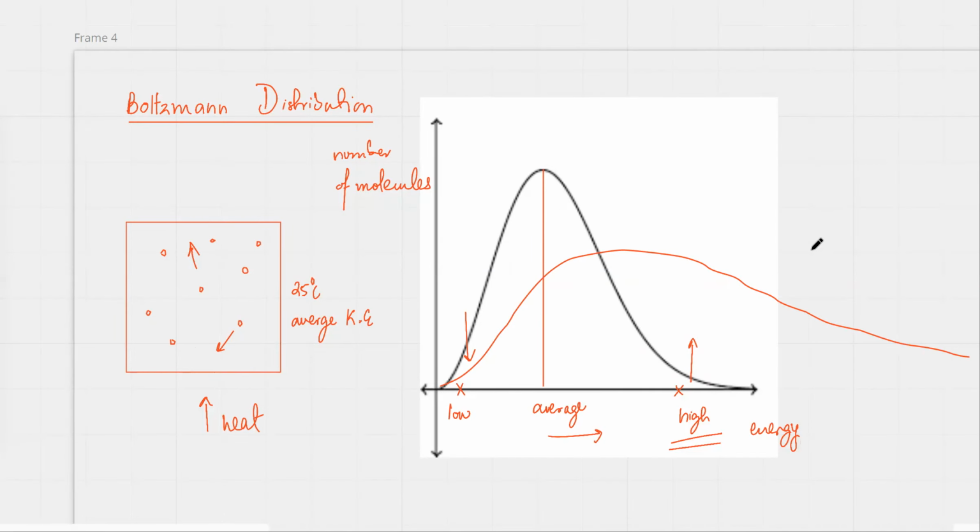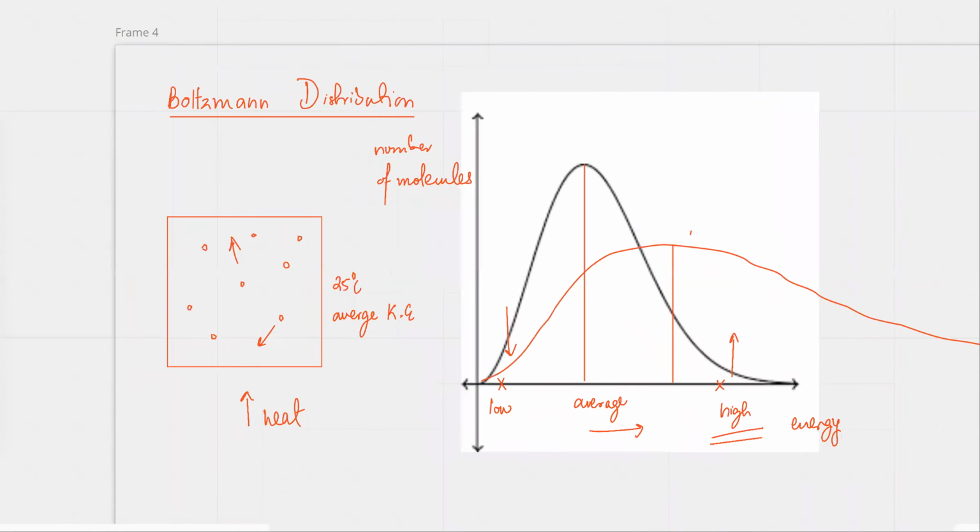The height would increase on the right side, it's going to drop on the left side, and the peak, which represents the average energy, would shift to the right. So that is what is going on at higher temperatures. This is the same curve at higher temperature.